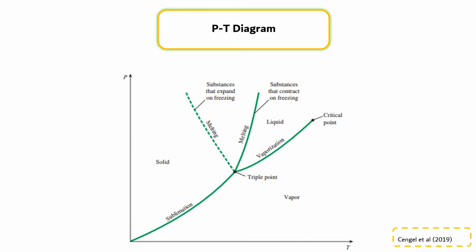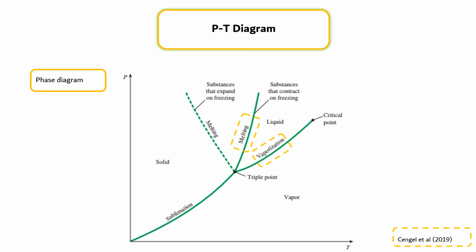The PT diagram of a pure substance is shown in this figure. The diagram is often called the phase diagram since all three phases are separated from each other. The vaporization line separates the liquid and vapor regions, and the melting line separates the solid and liquid regions.